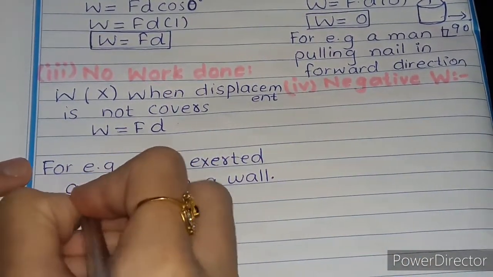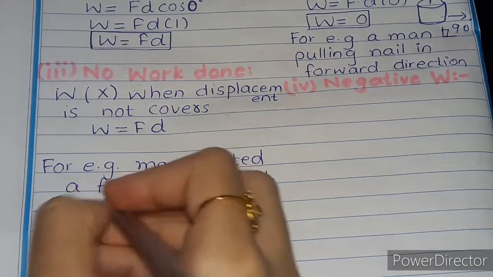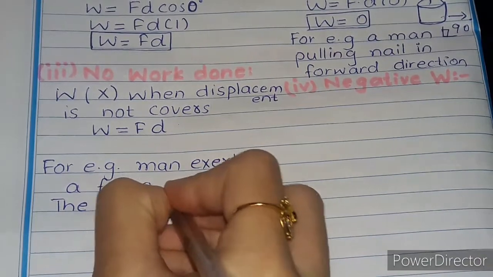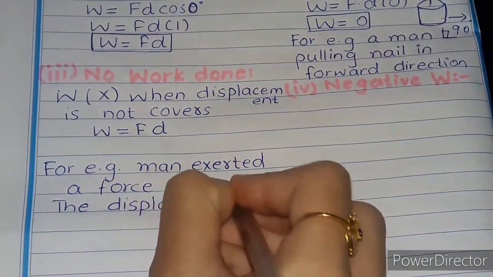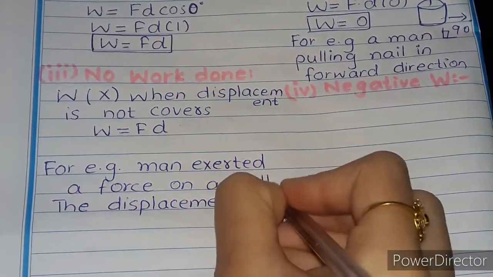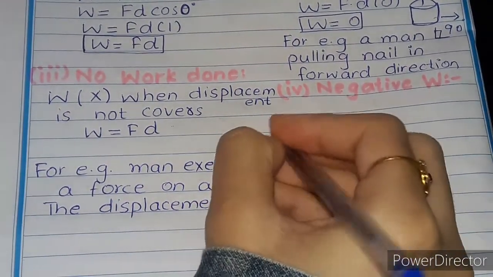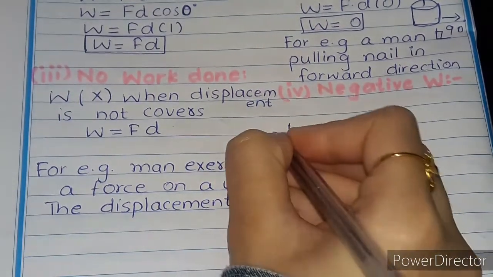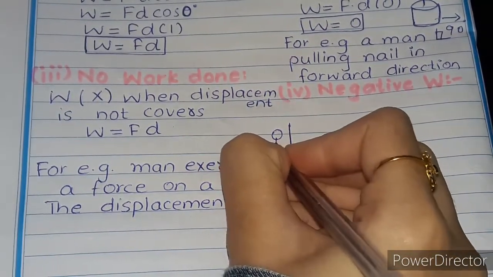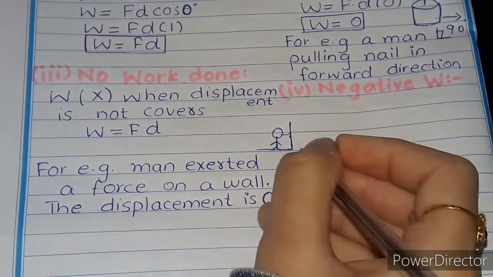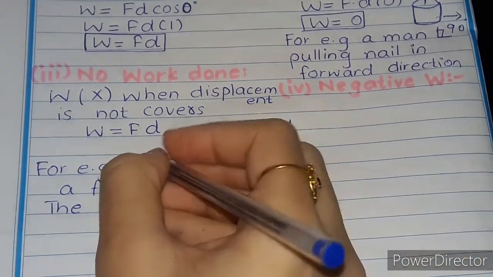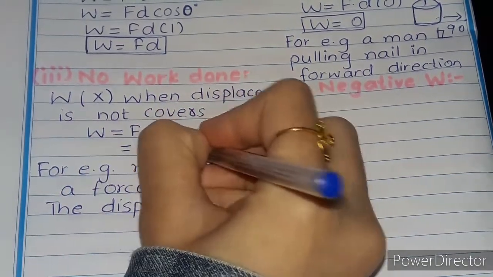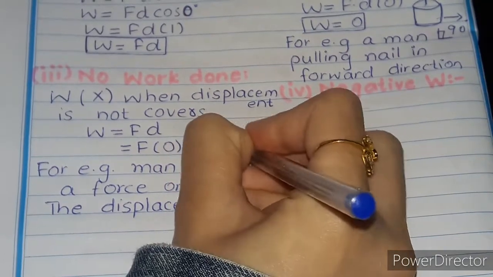The wall's displacement is 0. Like a man trying to push a wall, but he could not move it, so displacement is 0. So work done would be F into 0, so work done is equal to 0.